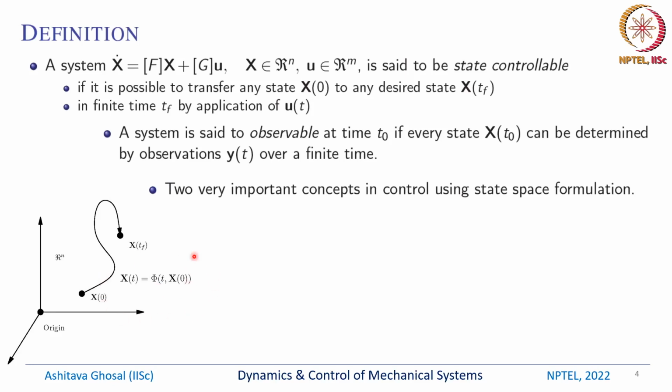This is the solution of the state equations using the notion of a state transition matrix. And a system is said to be controllable if I can go from x of 0 to this final x of tf in finite time. Likewise, a system is said to be observable if I can obtain x of t0 at some time t0 by observing y of t over a finite time.